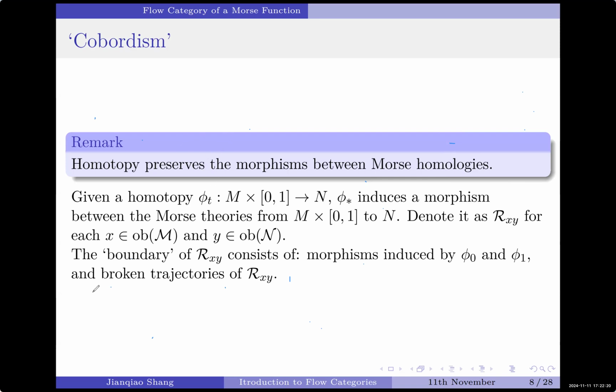So the R, let me begin. Now we have M with f1 and N with f2, and we have a map phi 0.